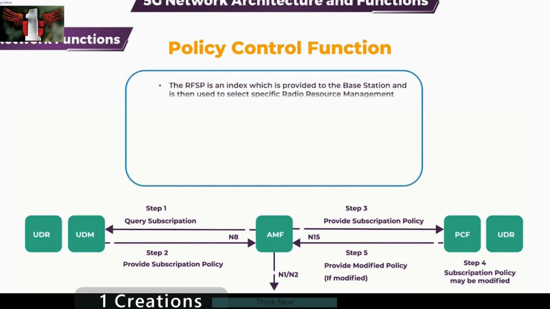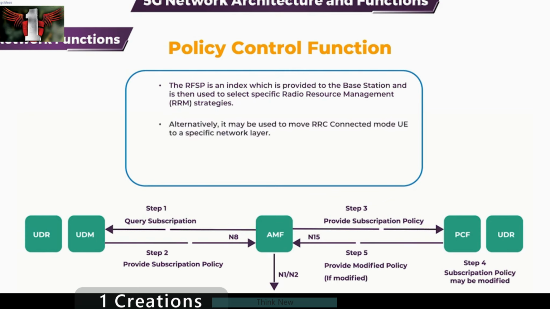The RFSP is an index which is provided to the base station and is then used to select specific radio resource management strategies. For example, the RFSP can be used to determine the set of cell reselection priorities provided to a UE. Alternatively, it may be used to move RRC connected mode UE to a specific network layer.